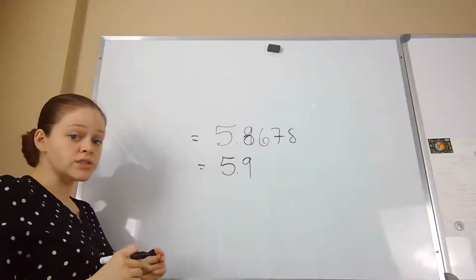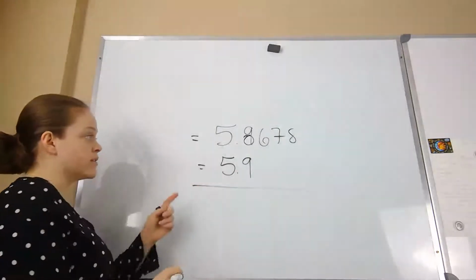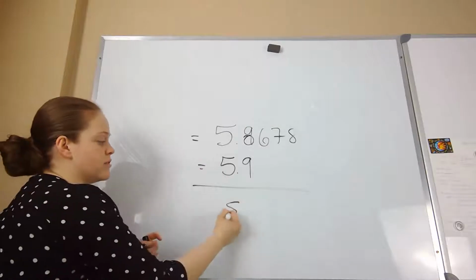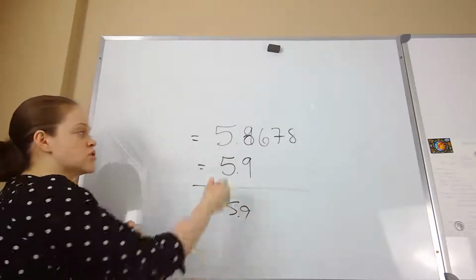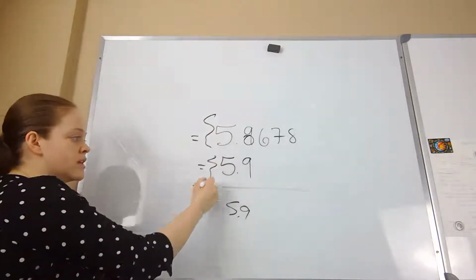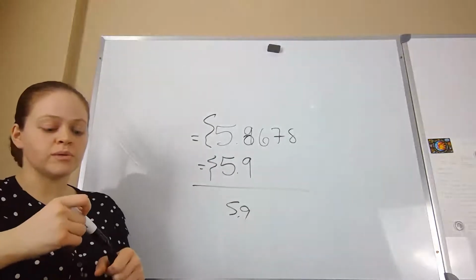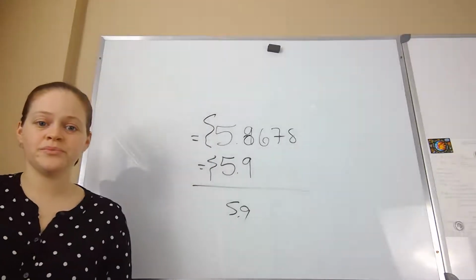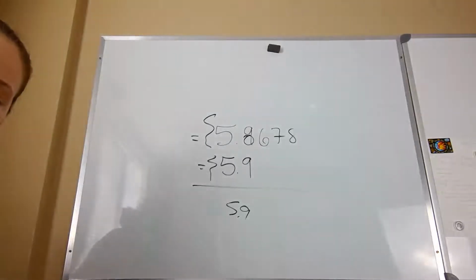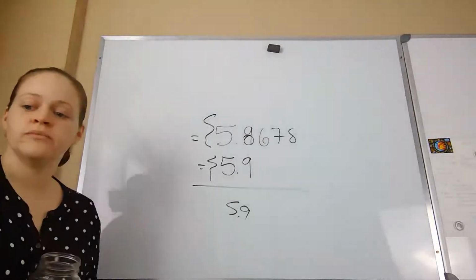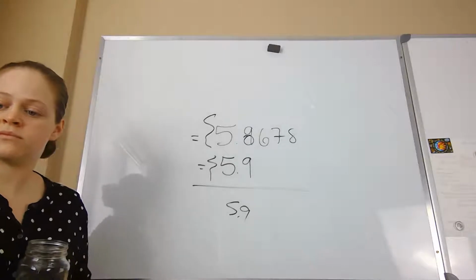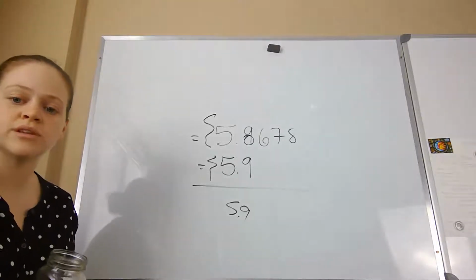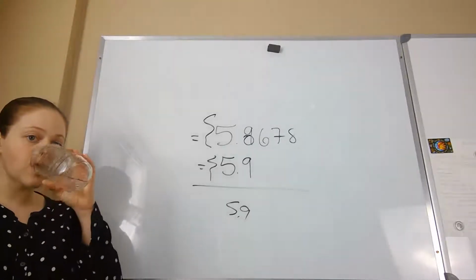But if my calculator gave me this, I wouldn't just give them 5.9. I would show them what the calculator gave me, then show them that I rounded, and that would be sufficient. Because then they can see, and they didn't ask either, so show them that you rounded and you'll be fine. And just make sure if it's a word problem, stay within the context of the problem.